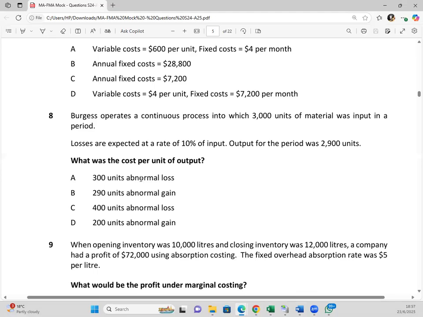Since the question doesn't have normal loss, it means it's either an abnormal gain or abnormal loss. Can you quickly calculate how much is the abnormal gain or abnormal loss?